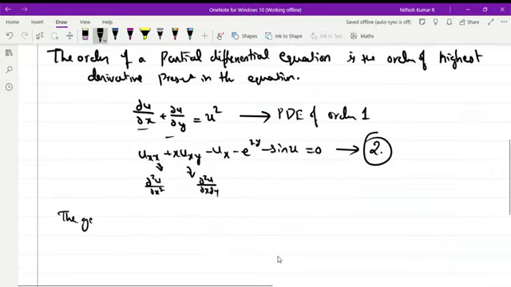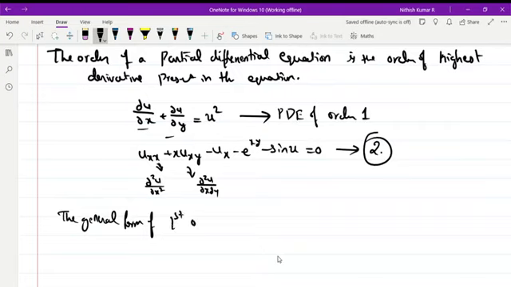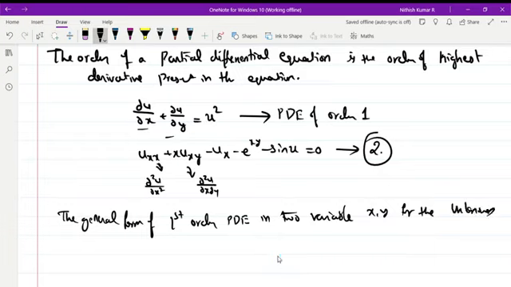The general form of first order partial differential equation in two variables x, y for the unknown function u is.